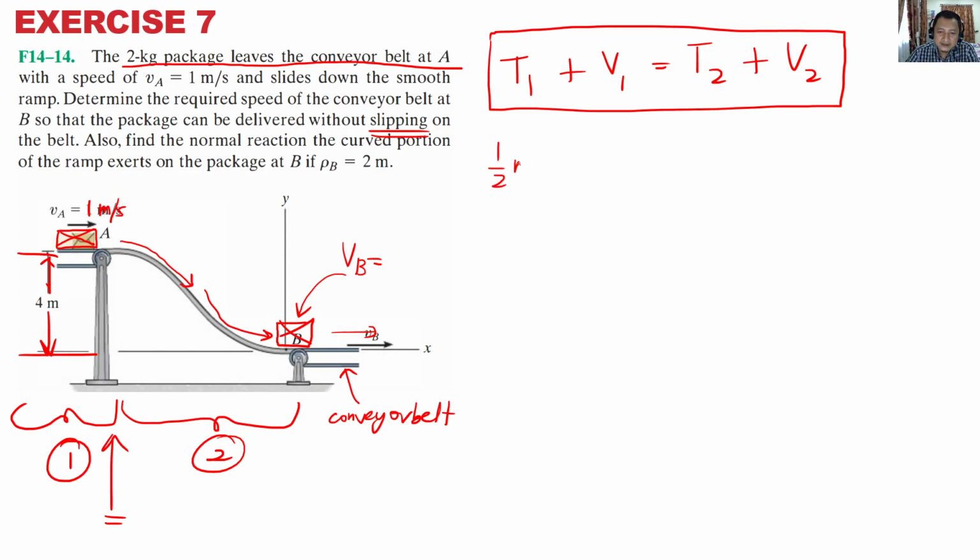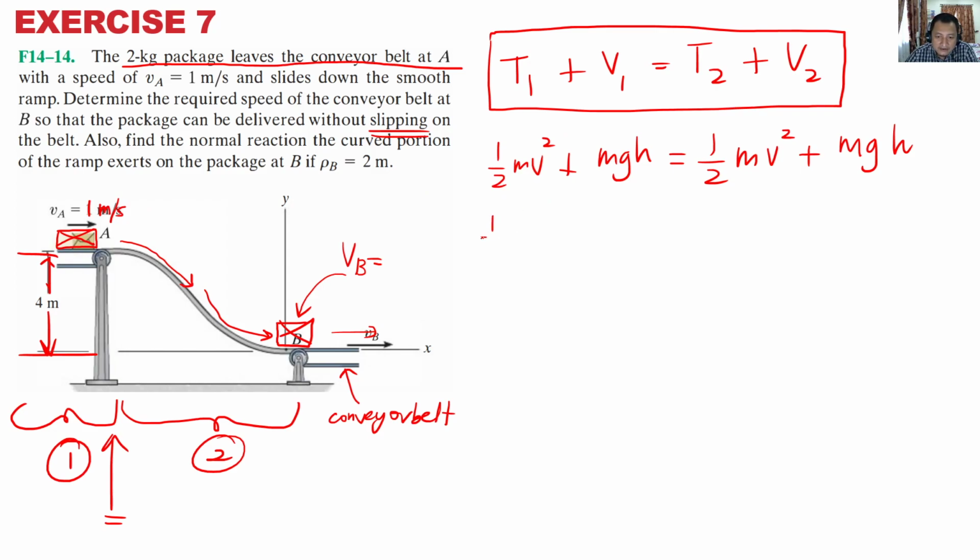Half mv squared plus mgh. Is there any spring potential energy? No, there is nothing. This one becomes half mv squared plus mgh. There is no spring energy involved. So original velocity, it has its original velocity.